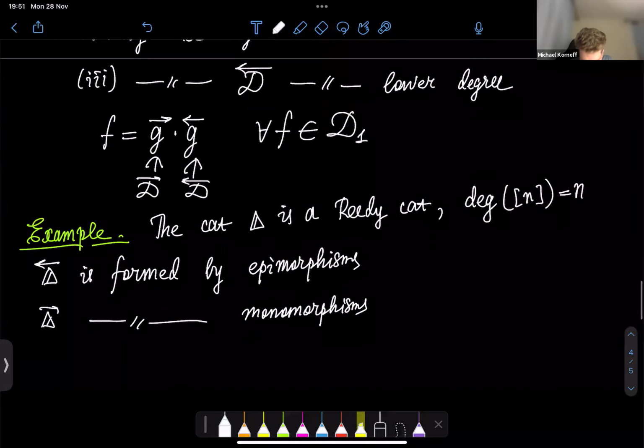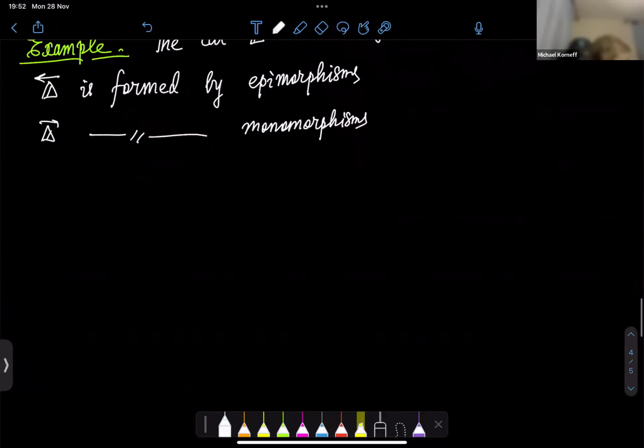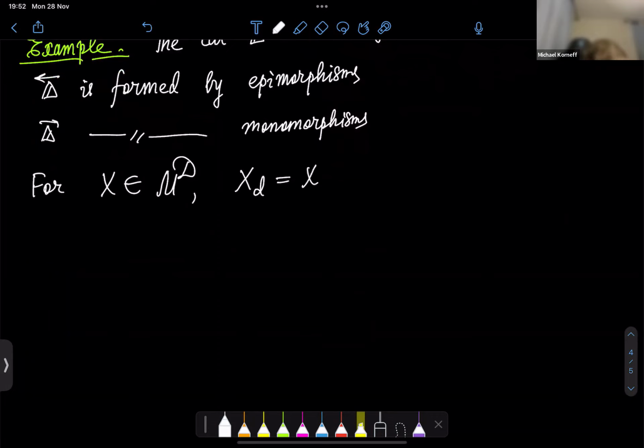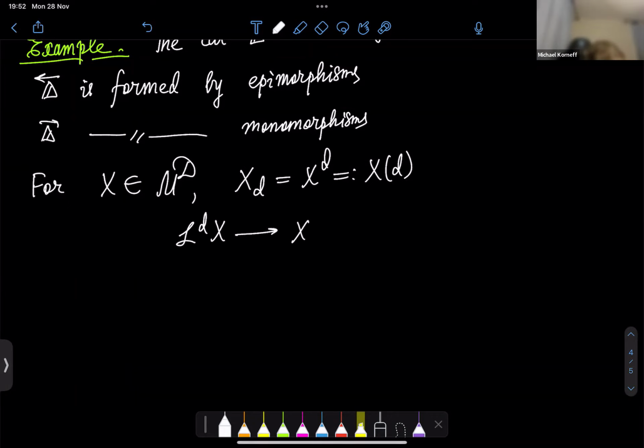Now, for any functor X from this category, we will denote X of d, and we want to define the latching object and matching object such that we have the following arrows.